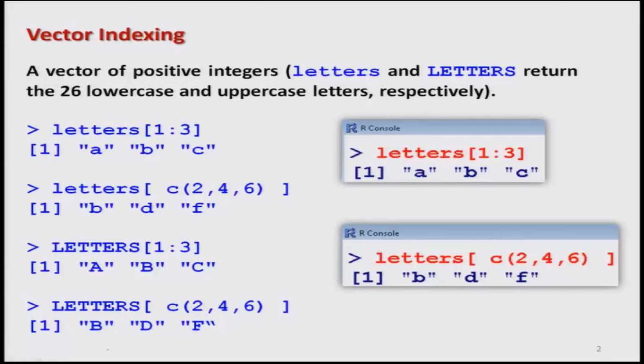And if you remember, we had used the syntax letters in lowercase to call the lowercase alphabets like small a, small b, small c and so on, and using the syntax LETTERS in capital letters, we can call the capital letter alphabets like capital A, capital B, capital C, capital D.